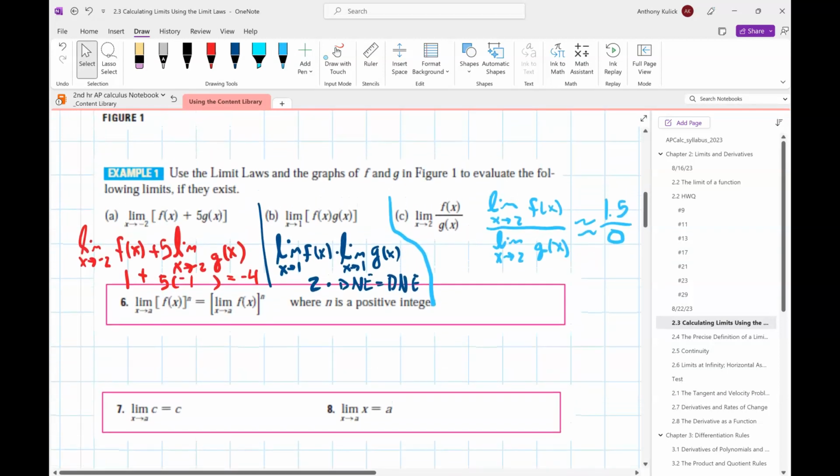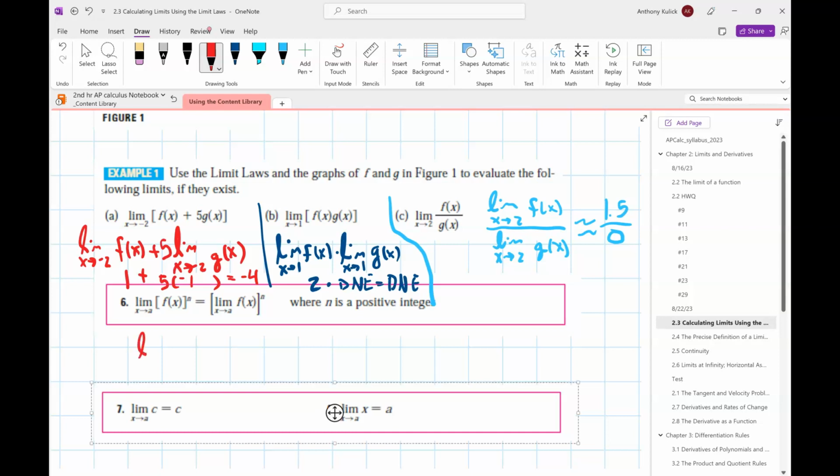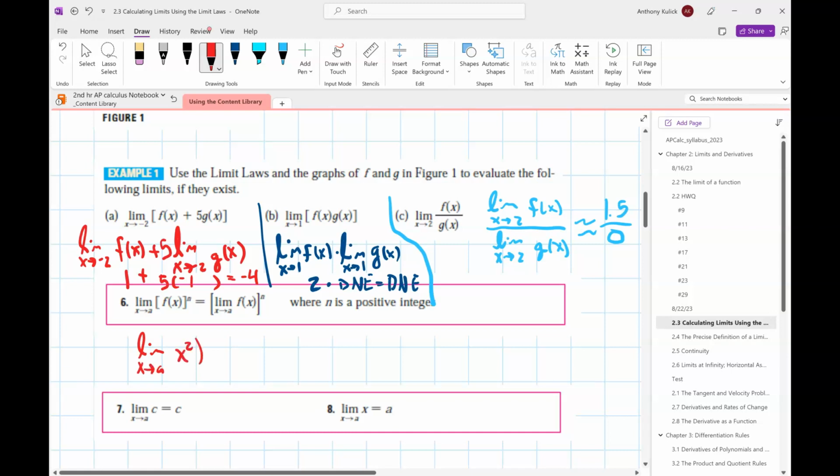So adding to our limit laws, if I have the limit of f of x to the n, that's the same thing as the limit of f of x raised to the n. So it's like saying this.